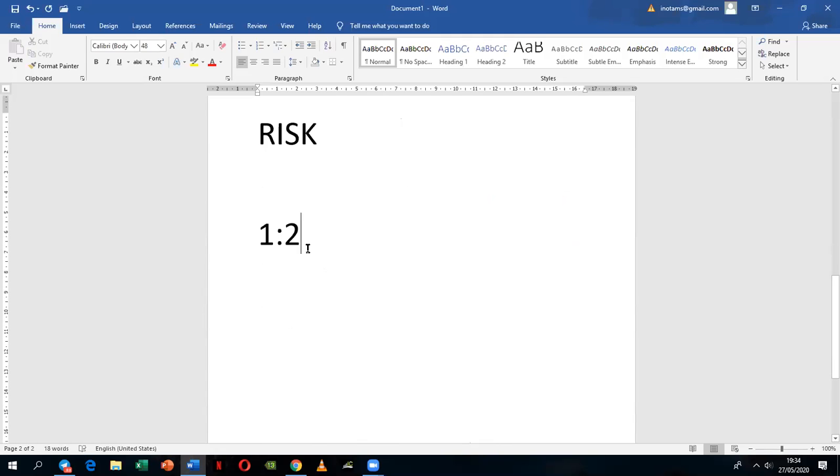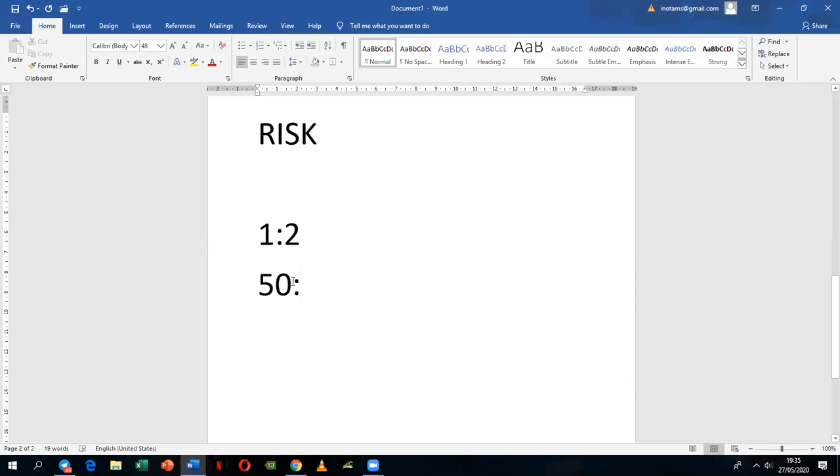So what does this mean? The one position I opened, what's my risk? In this case, what's my stop loss? So let me say my stop loss is 50 again. And what's my reward?